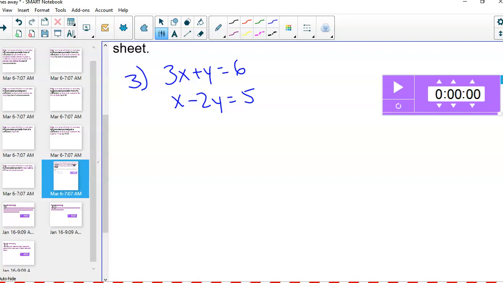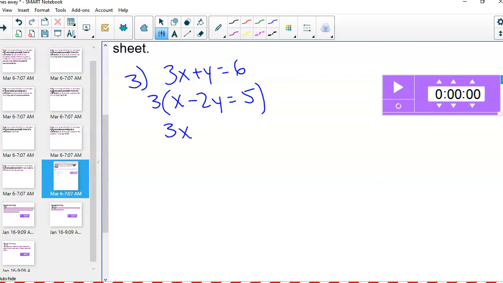So if we're using elimination, which variable do we want to eliminate? The x's. Can we eliminate them right now? They don't have the same coefficient. So we need to make them have the same coefficient by multiplying this by what? 3 or negative 3, either one.